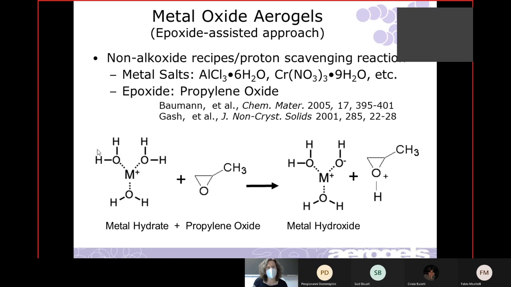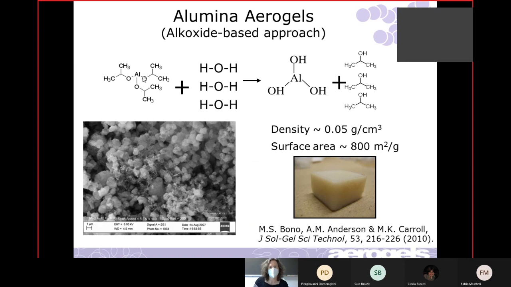So in this cartoon, we're showing a metal ion with 3 closely associated water molecules, instead of with some organic alkoxy groups chemically bonded to it. So a slightly different approach.